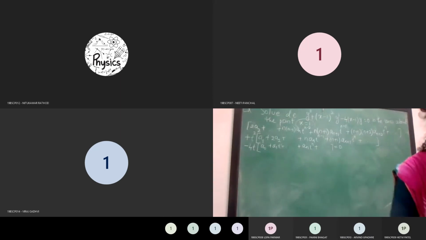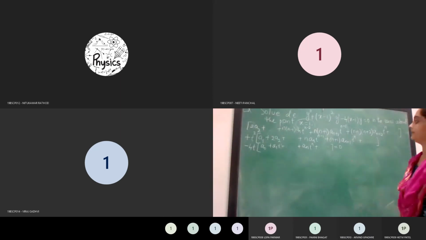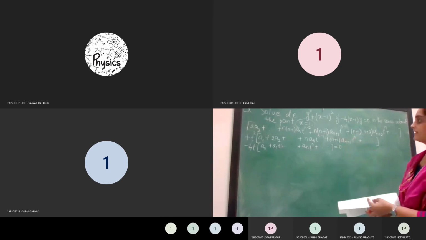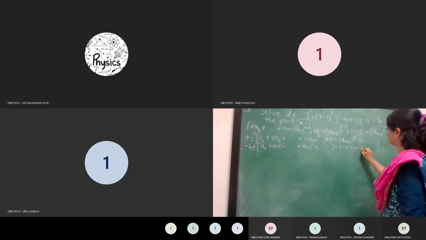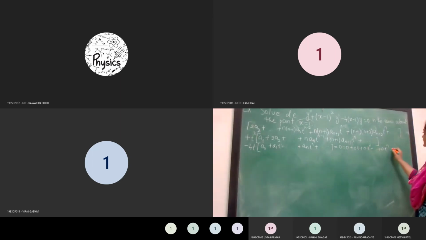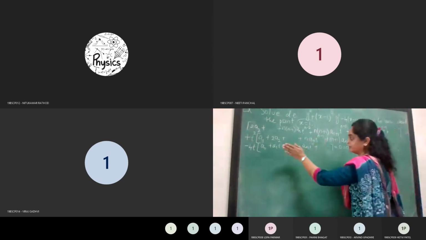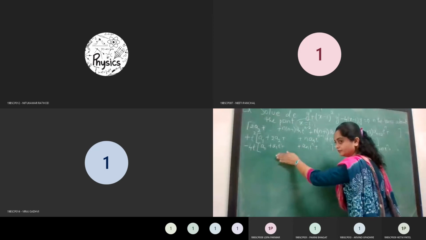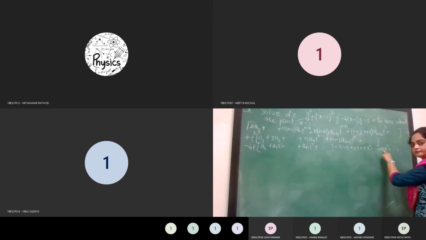So we have this equation which is equal to 0. Equal to 0 means corresponding powers, I can say this is equal to 0 plus 0 into t, 0 into t square plus up to plus 0 into t raised to n plus up to plus. That means whatever will be the coefficient of t raised to n on the left hand side is equal to the coefficient of t raised to n on the right hand side.